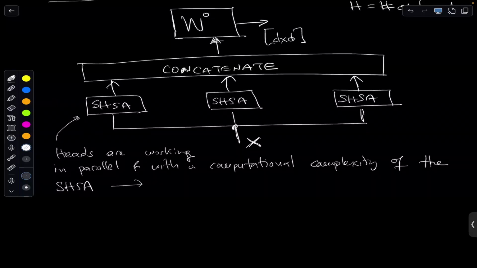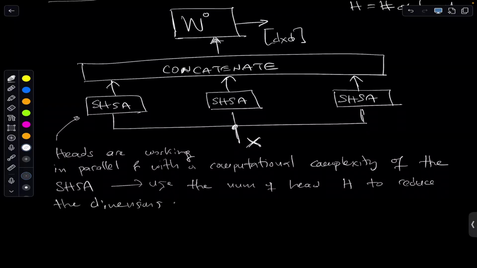We use the number of heads parameter, capital H, to reduce the dimensions of the tensors involved.